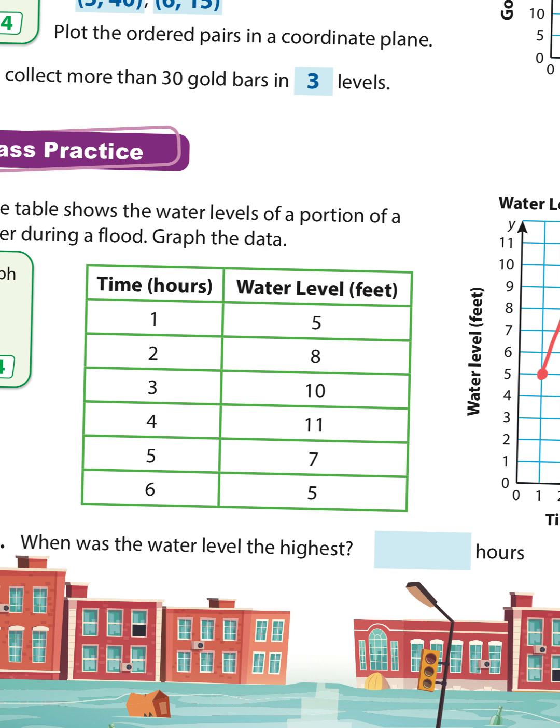It doesn't tell us. But we can assume that it's somewhere between 0 and 5 feet because after an hour, it is here. And then it's raining, so the water level rises. So when was the water level the highest? Hour 4, it was 11 feet high. 4 hours. Good. Okay, how are we doing so far?